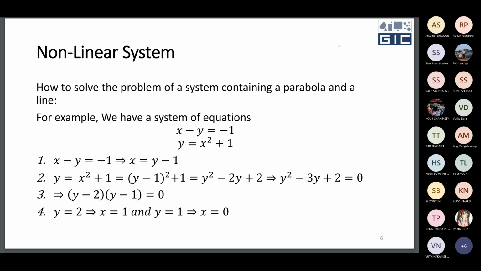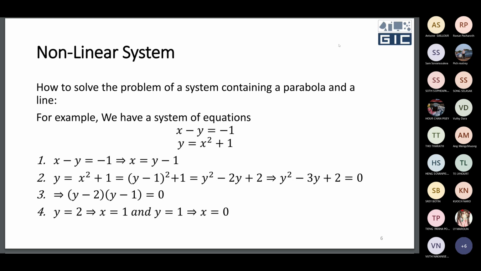If you replace y in the second equation, you will get two answers. One answer can make both equations true at the same time. For the other one, only one equation can be true. So you should use only the first equation. This is the way that you can calculate the solution of a system combining a parabola equation and a line equation.